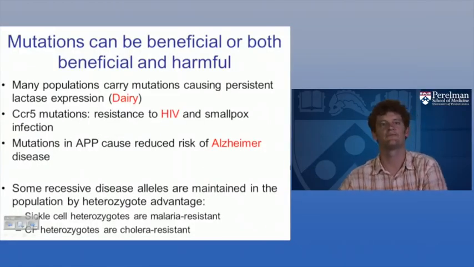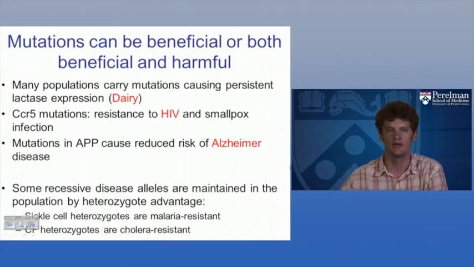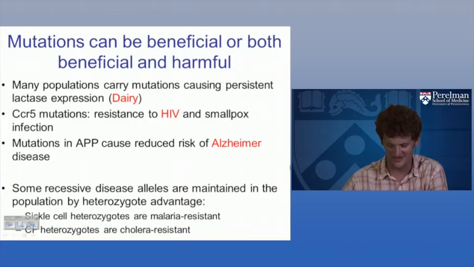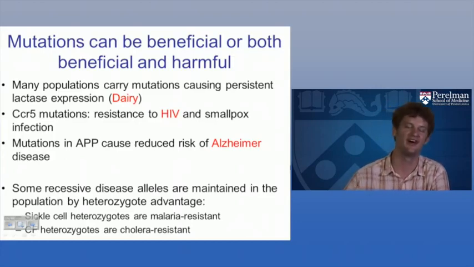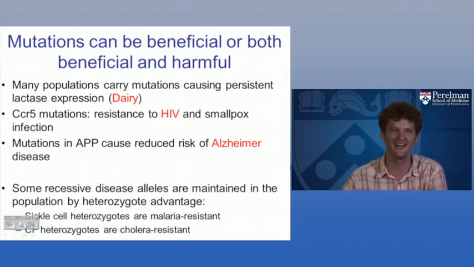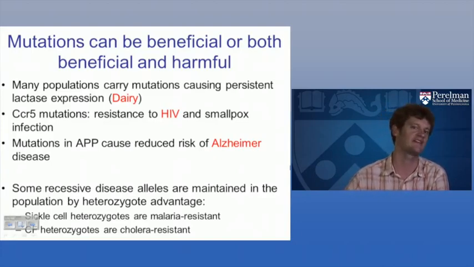Okay, so mutations are not necessarily a bad thing. Otherwise, we wouldn't be nearly as interesting as we are today. Some classic examples of fairly recent mutations in the human population that are arguably beneficial are lactase persistence.